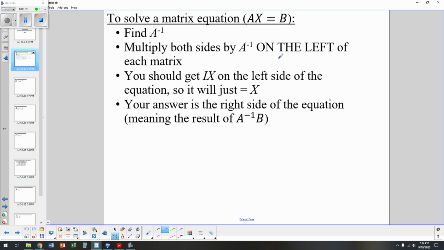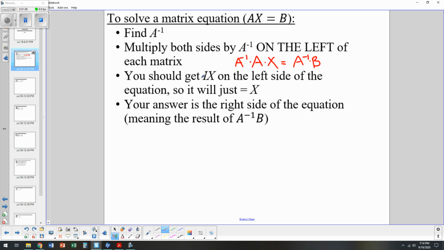So that means we're going to have something that looks like this. Let's start that over. The inverse of A times X equals the inverse of A times B. So what should happen is when you multiply a matrix by its inverse, we're going to get the identity matrix.